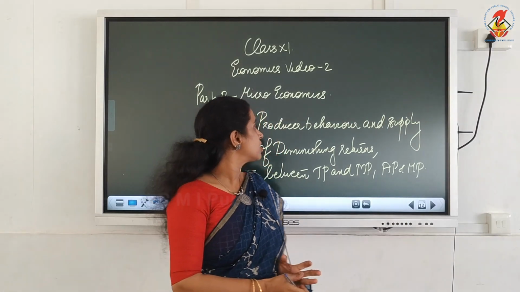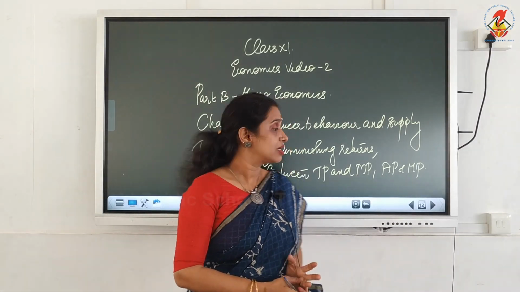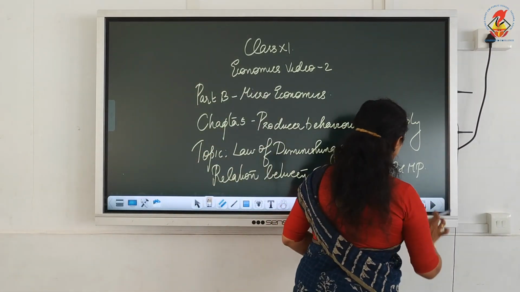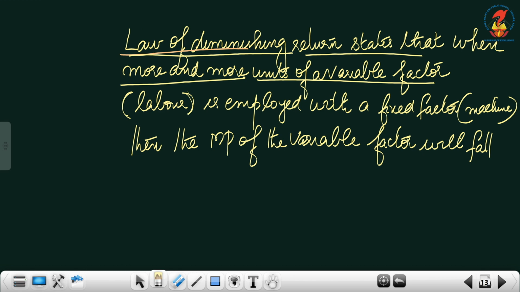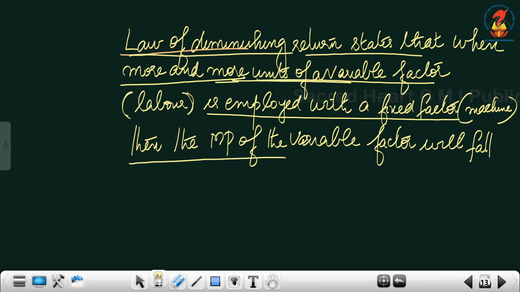Now let us see what the law of diminishing returns is. The law of diminishing returns states that when more and more units of a variable factor are employed, what is an example of the variable factor we have taken? Labor. When more and more units of labor, the variable factor, are employed with a fixed factor, machine, what will happen to the marginal product?